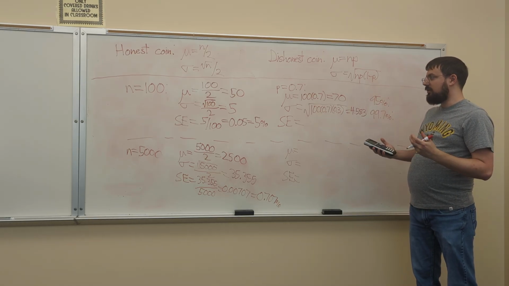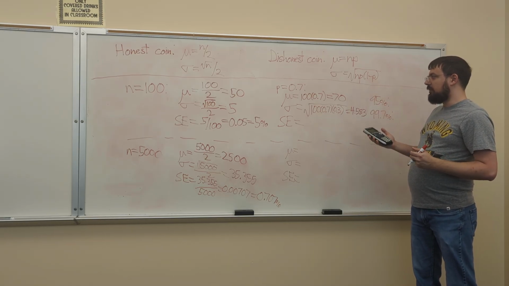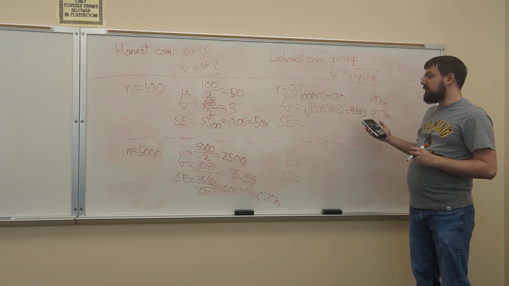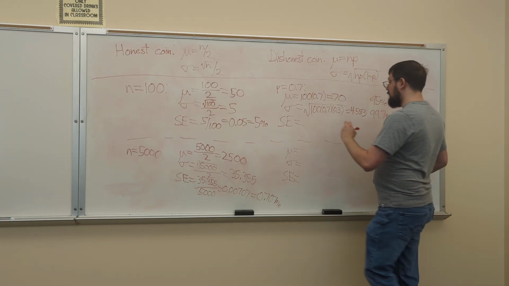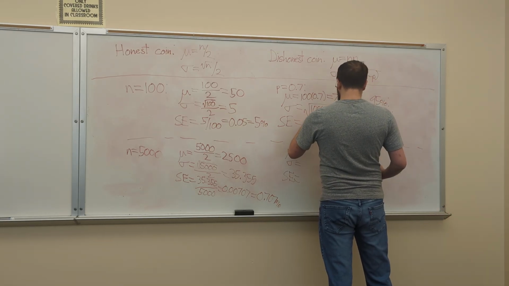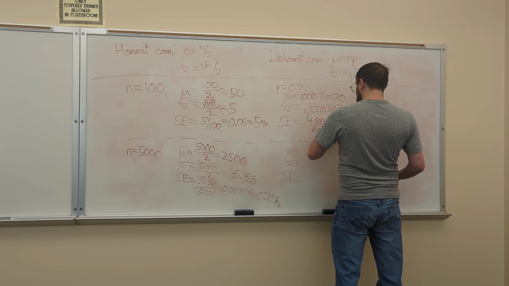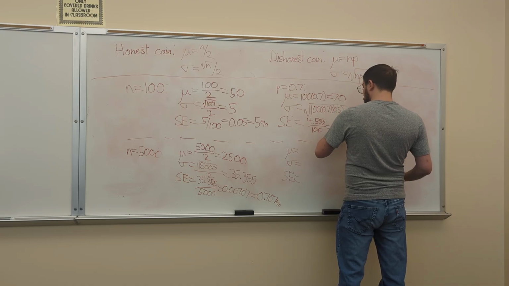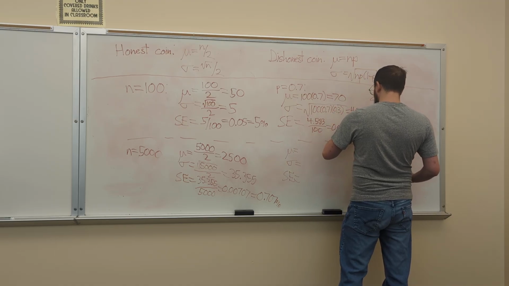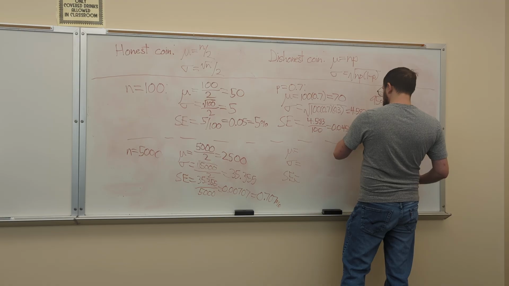And then the standard error is just going to be our standard deviation as a percentage of our sample size. So in this case, that would be 0.04583 or 4.583%.